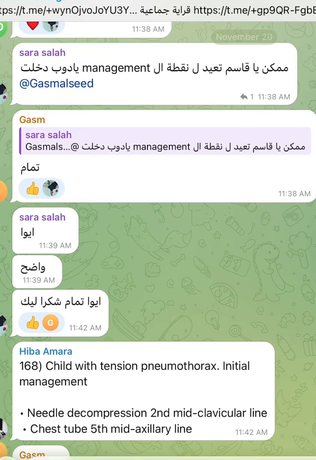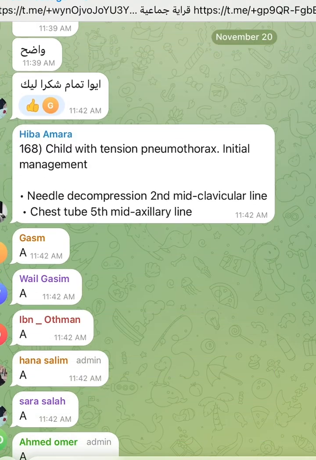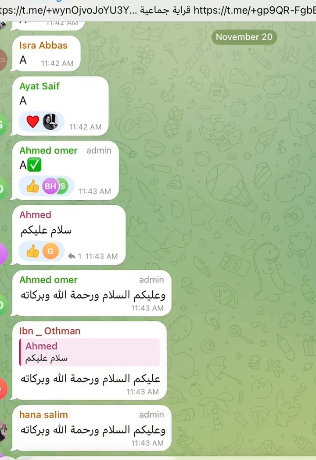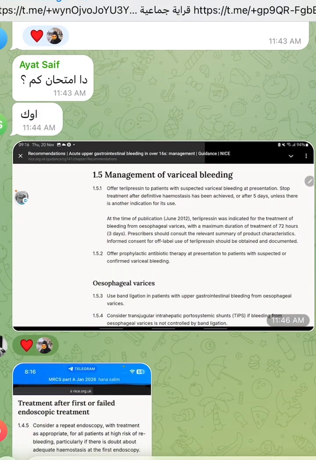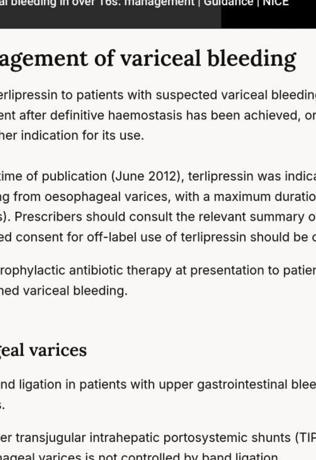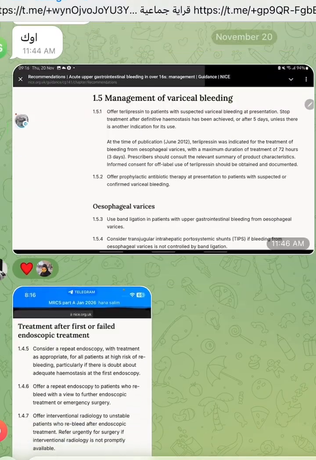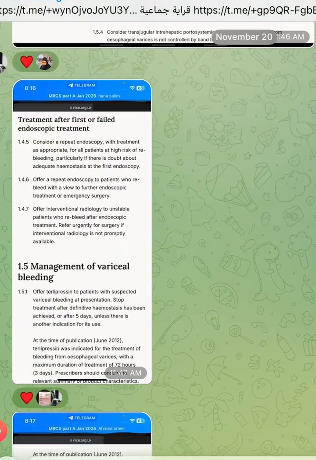Child with tension pneumothorax, initial management needle, second chest tube. Management of arterial bleeding: offer terlipressin to the bleeding patient. Stop treatment with definitive hemostasis at the time of treatment. First failed endoscopic treatment.